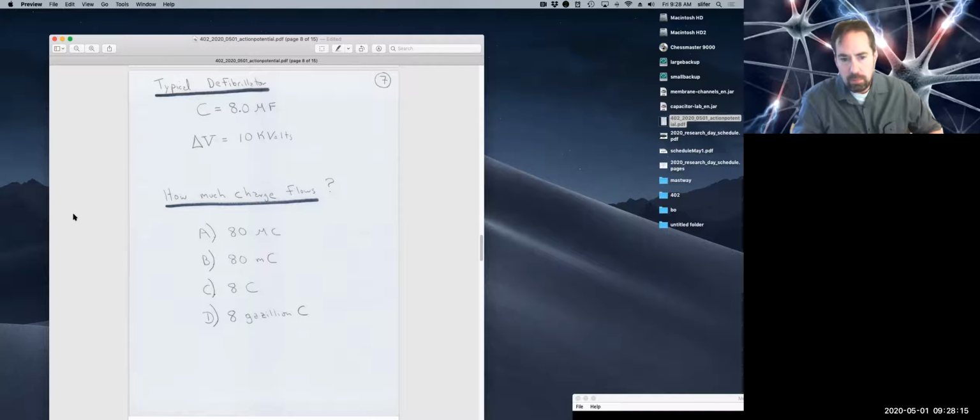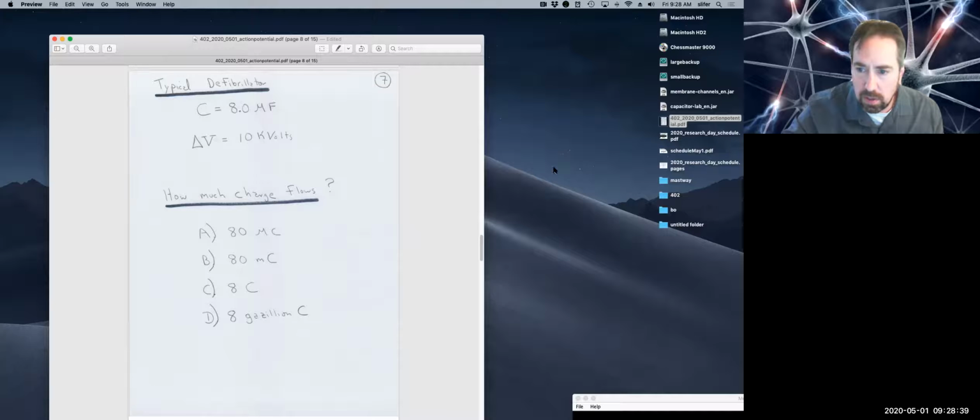That would be B. Is it 8 coulombs? That would be C. Or is it 8 gazillion coulombs? That would be answer D. And we have 97% of people have voted. So I'm going to shut this down, end the poll, and I'll share the results with you.